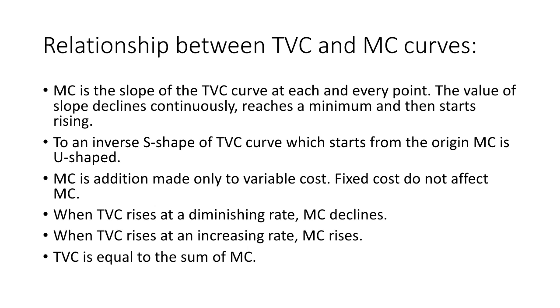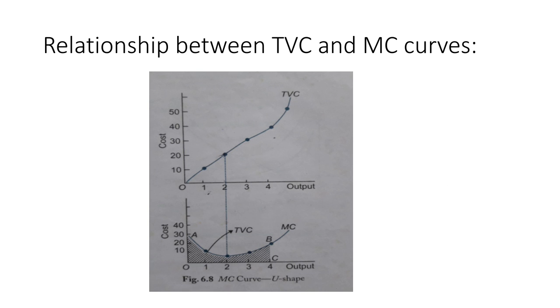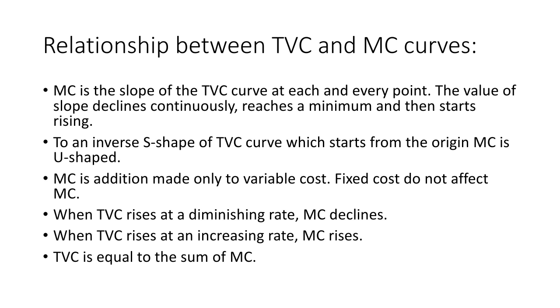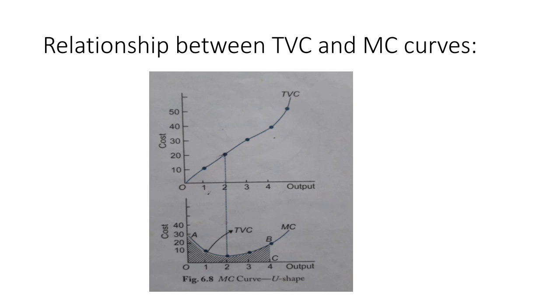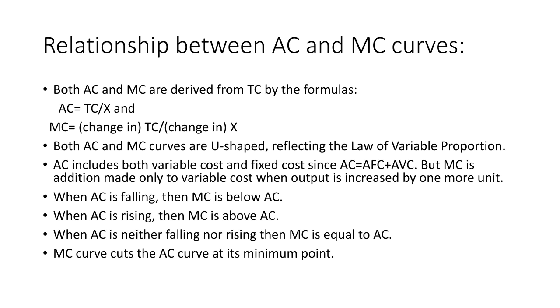And when TVC rises at an increasing rate, MC rises. Then TVC is equal to the sum of MC, as I have already told you. This is the diagram which shows the relationship between TVC and MC curves.